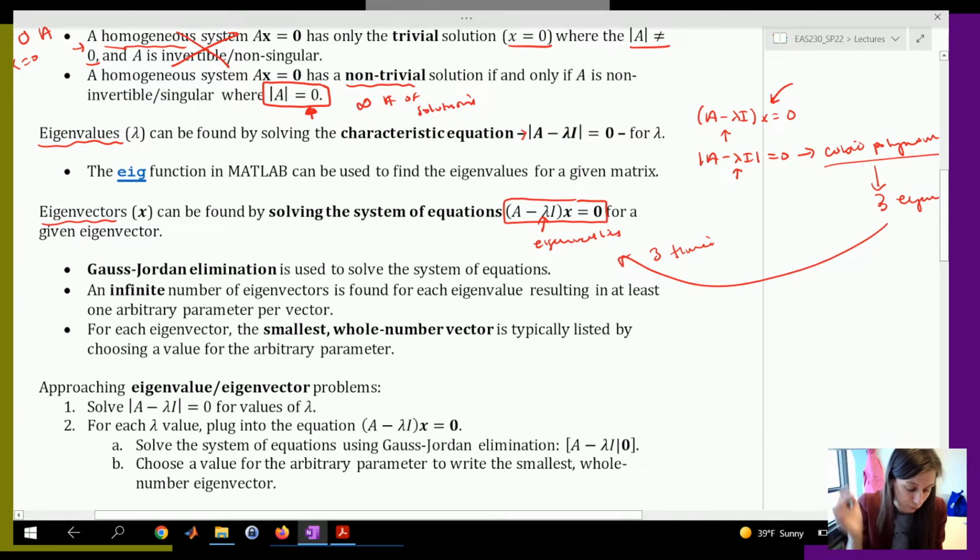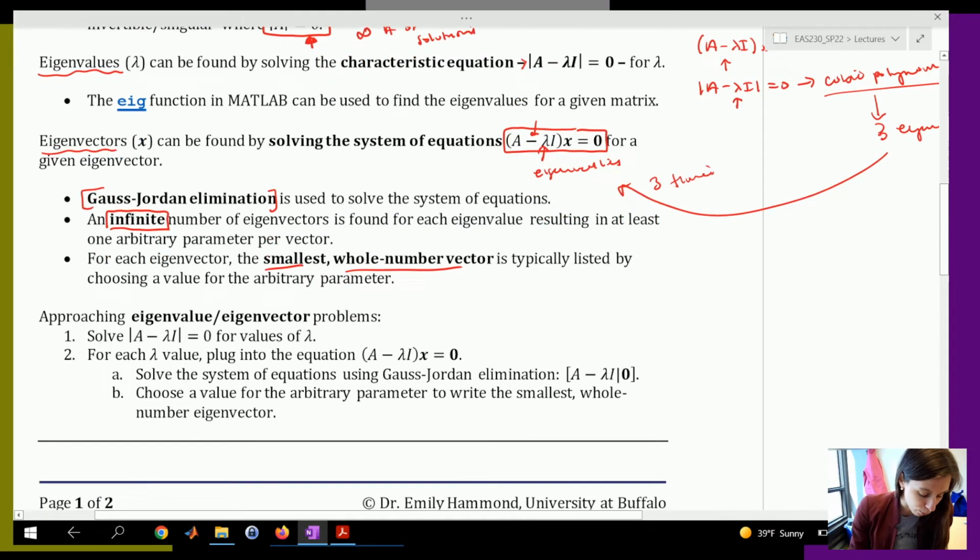Every time we solve for this, we get an infinite number of solutions, because we've made our determinant equal to 0. So the best method to solve that system is Gauss-Jordan elimination. Each eigenvector is going to be an infinite set of values, and we generally choose the smallest whole number vector that is listed.